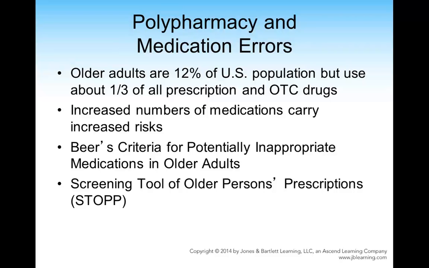We're going to have a whole chapter on polypharmacy and medication errors, but this is really scary. 12% of the U.S. population is our older adults, and a third use all the prescriptions that are written. Many of these people are on multiple medications, which makes the risks even higher.